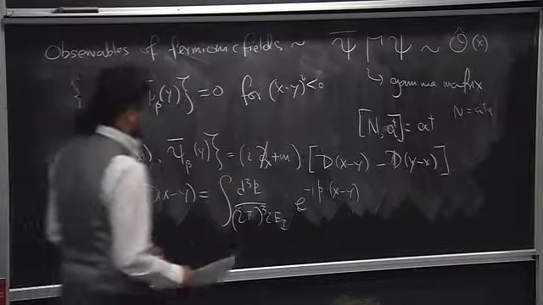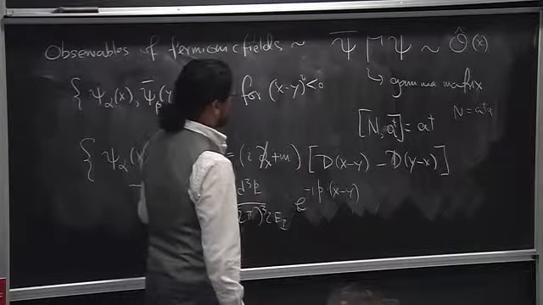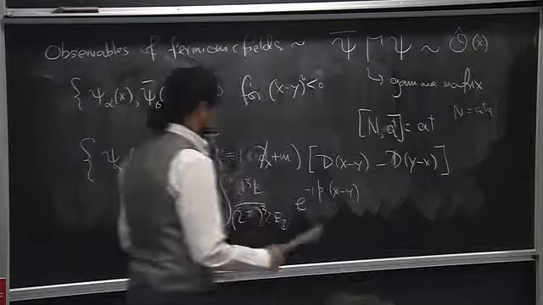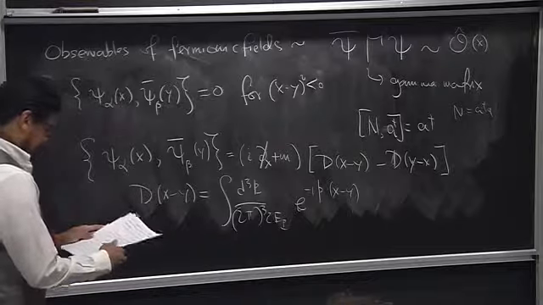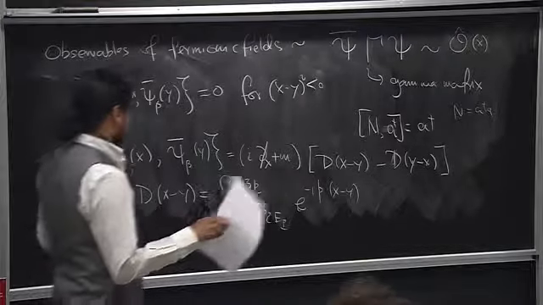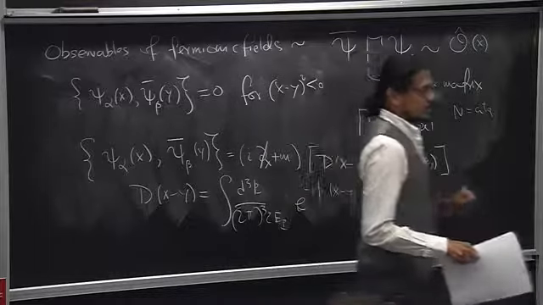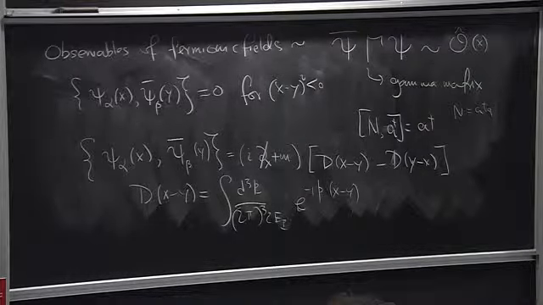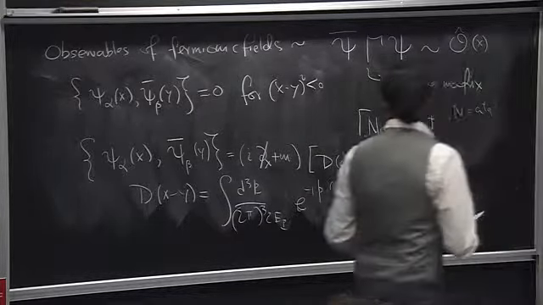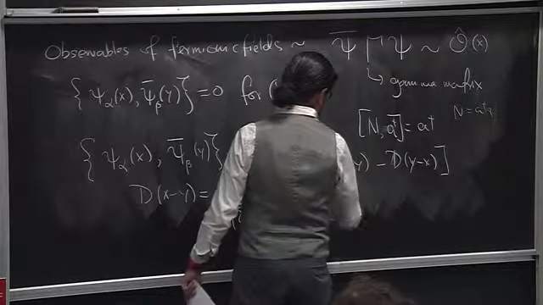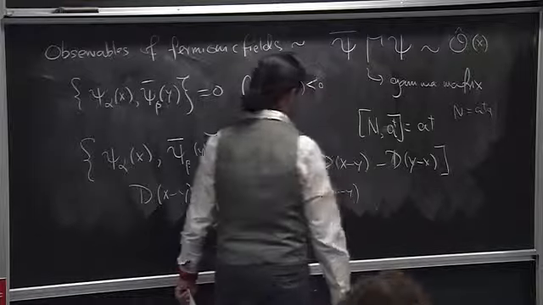Now, note that if you're outside the light cone, that is x minus y is space-like, then you can always go to a reference frame where x0 and y0 are the same. They're simultaneous. Then this dot product just becomes a three-momentum dot product.